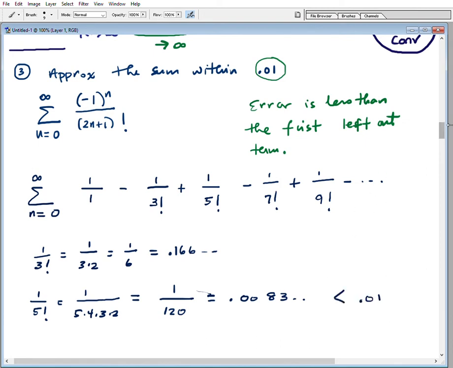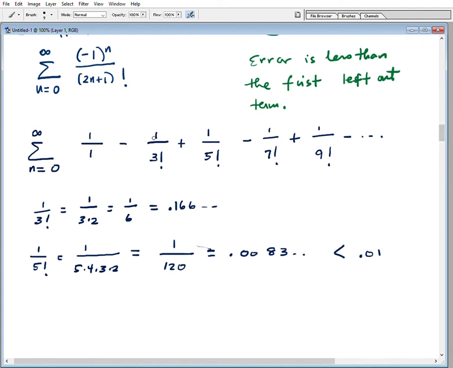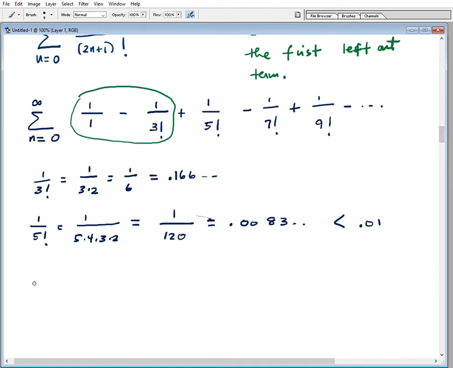So we can approximate by just looking at the first two terms. That's all we need. So our approximation is 1 minus 1 over 3 factorial, those first two terms, plus or minus the error. We'll round it off.